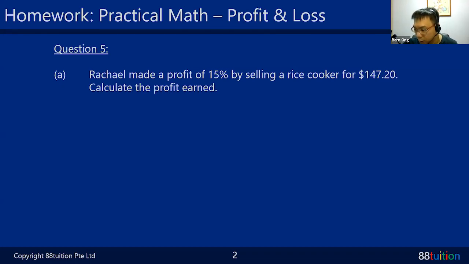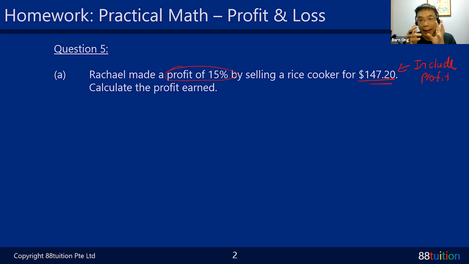Okay, so come, let's take a look at this. Rachel made a profit of 15% by selling a rice cooker. So she already made a 15% profit by selling it at $147.20. So this 147 is already inclusive of the profit.